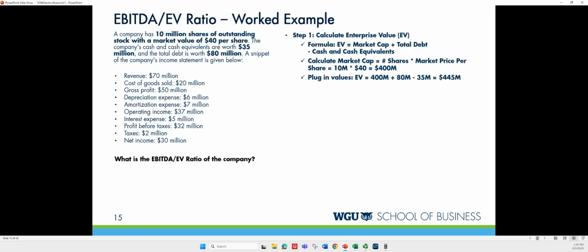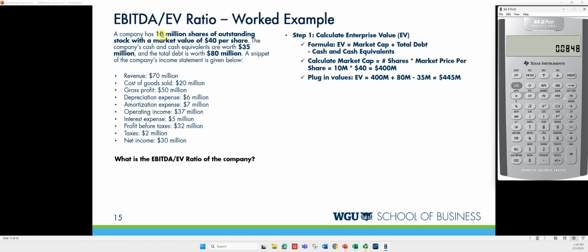So let's walk through. The first step here is we have to calculate the enterprise value. Now, it's not given to us directly. Our market cap is not presented here, but we do have the two variables needed to calculate it. We have how many shares are outstanding and what the price per share is on the market.